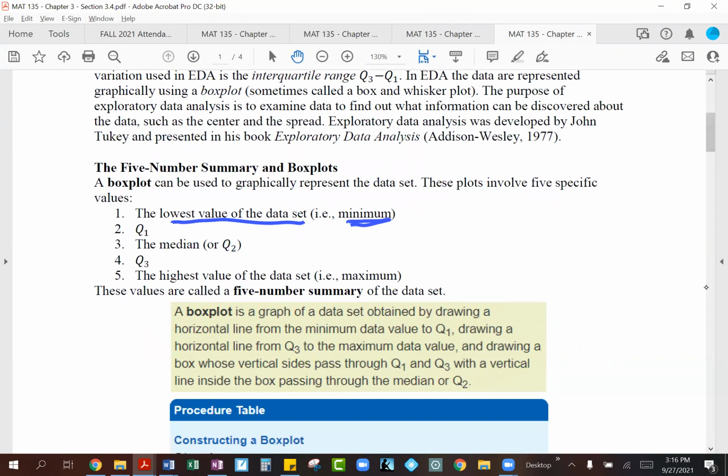We find quartile 1, our median, which is also known as quartile 2, and then quartile 3. So we use those 3 quartile calculations. And then we also need to find the highest value in the data set, which is our maximum. So these 5 numbers make up your 5-number summary, and these are the same 5 numbers we use to draw a box plot.